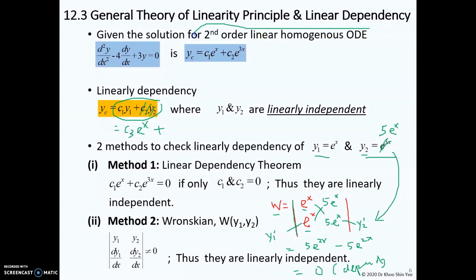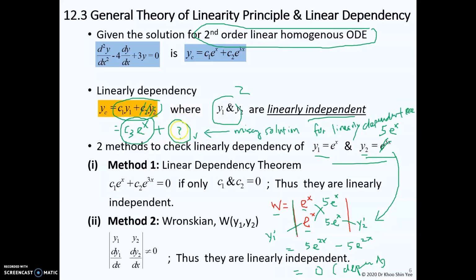For a second order linear homogeneous ODE, you should obtain two linearly independent solutions. So if you only have one independent solution in this case, one solution is missing. And later we will learn how to obtain this missing solution for the linearly dependent case.